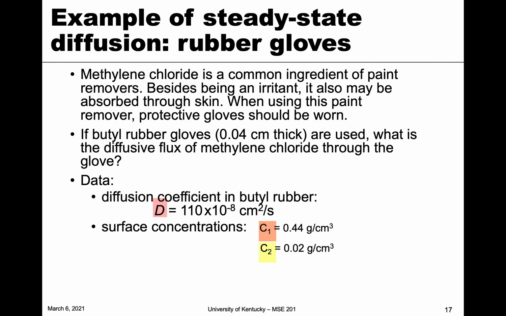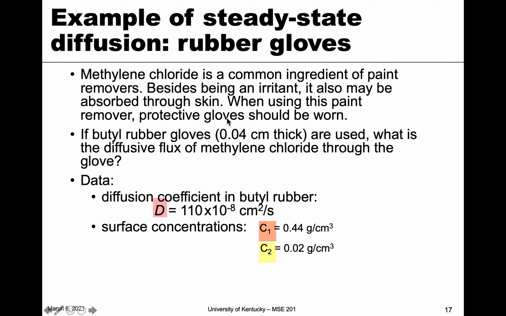And so we can take a look at butyl rubber gloves at a certain thickness, and we want to look at the flux across that thickness and see what's going to happen to our hand, right? So we're given the diffusion coefficient for butyl rubber. We're given the concentrations of the chemicals on either side.